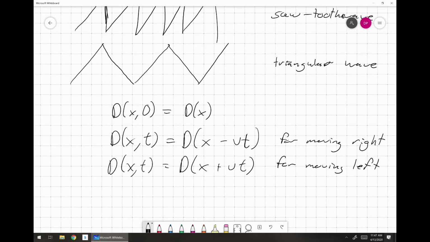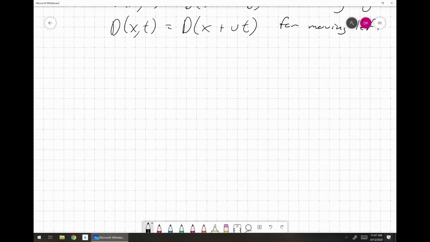So let's look at an example, and then that will probably be it for this particular lecture. We have a traveling wave. The left-hand end of a long horizontal stretched chord oscillates transversely in simple harmonic motion with a frequency of 250 hertz and an amplitude of 2.6 centimeters.